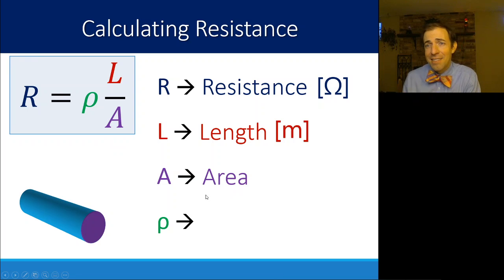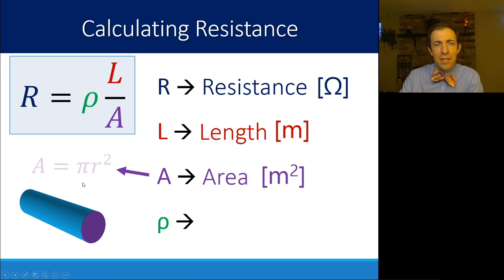An area has to have units of area. That's a length squared, basically. So in this case, we're typically going to use meters squared. And if you were given the diameter or the radius, you need to use the equation to find the cross-sectional area. Most wires are going to be in a cylindrical format, so the cross-sectional area is by nature a circle.